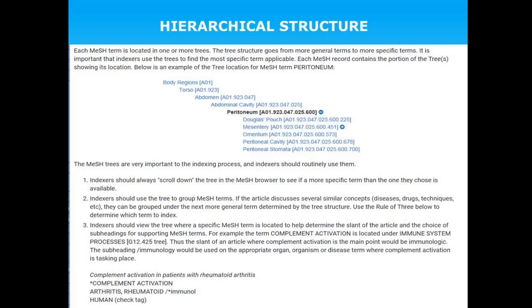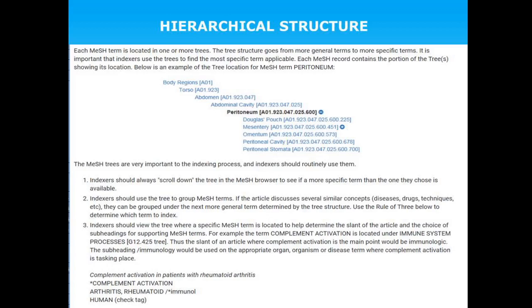See the tree relationship: it falls in body region and the subdivision torso, abdomen, abdominal cavity, then comes the peritoneum. You should not use body region as an indexer for this location. Be more specific. You have to identify the appropriate generic heading to get to the specific term.